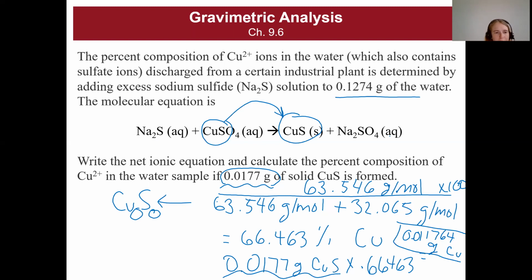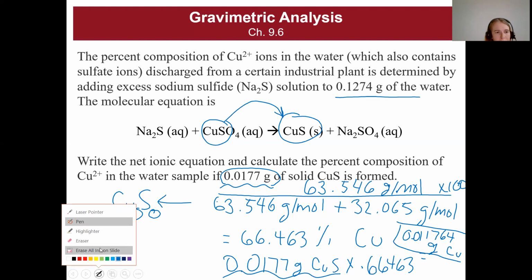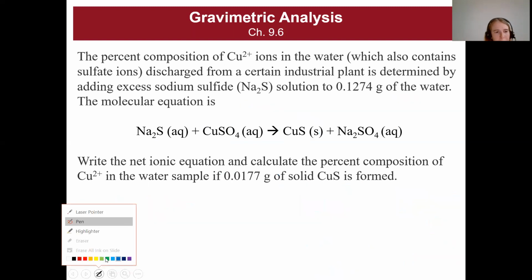So I'm just going to erase again so that we can see everything.